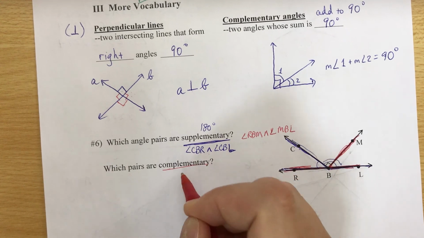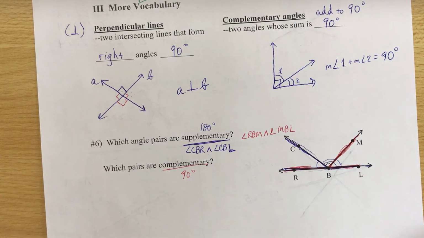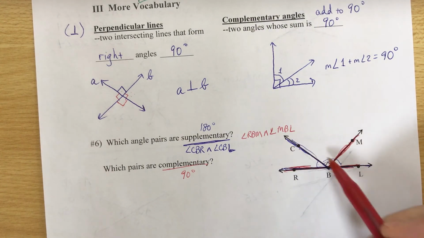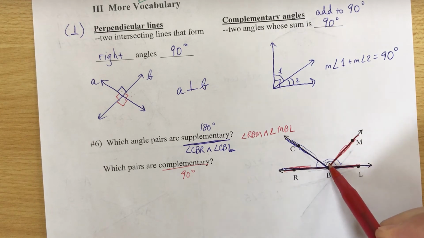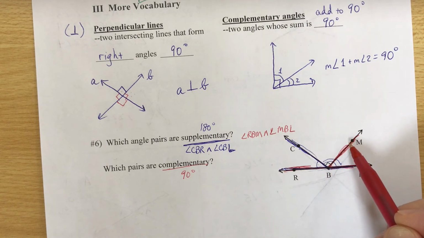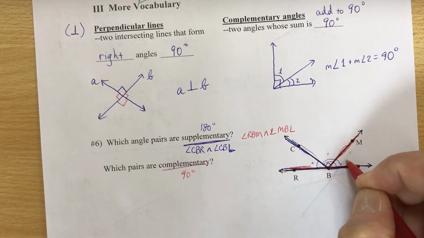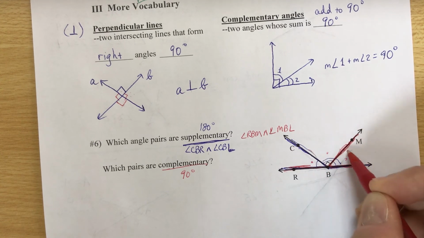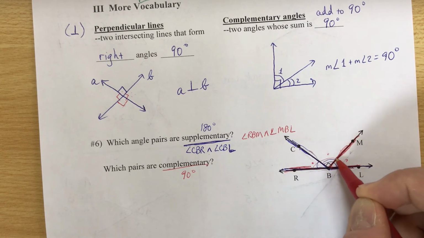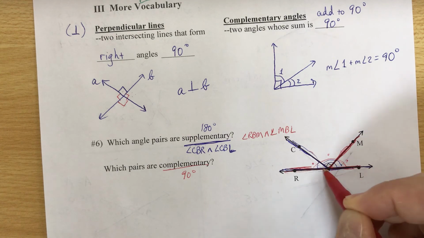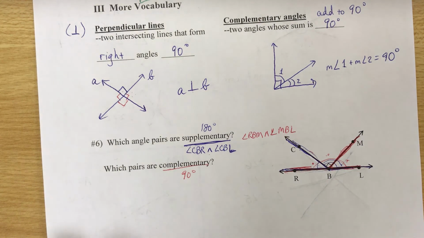Okay, the last question, which pairs are complementary? Now that means they add up to 90. Now you'll be tempted to say angle CBM, but that's not complementary because that is a 90-degree angle. But if that's 90, all three of these together, if we put all three smaller angles together, do you notice how they make that straight line at the bottom? Together, these are 180.